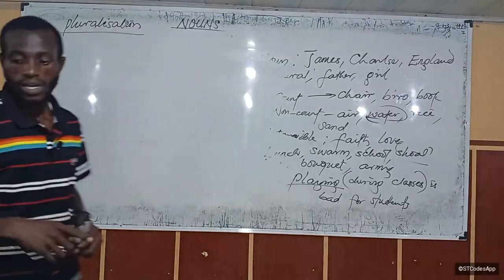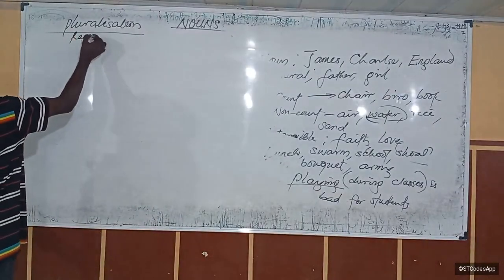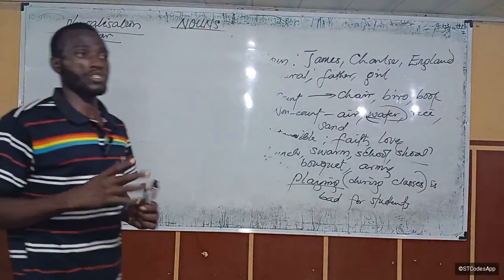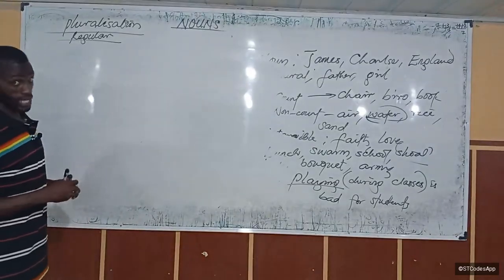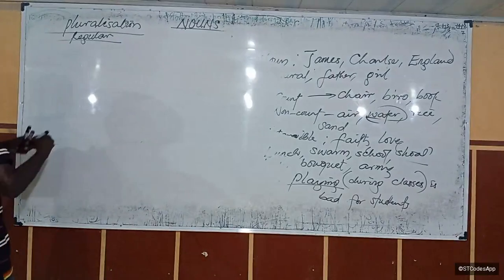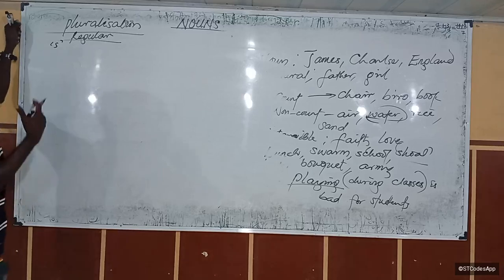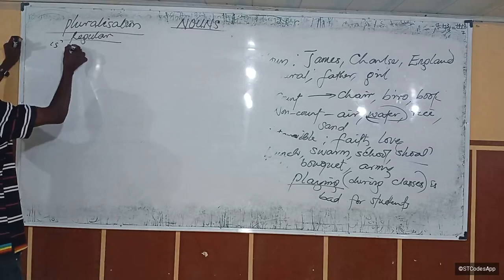Okay, now first we are going to consider the regular nouns. I assume that you're supposed to know how to pluralize regular nouns as a student. So regular nouns are those to which we just add s, or add es, or ies. I'm going to do them together.